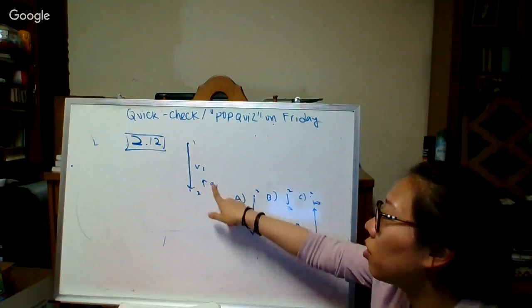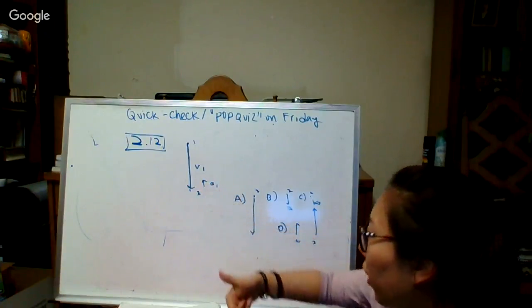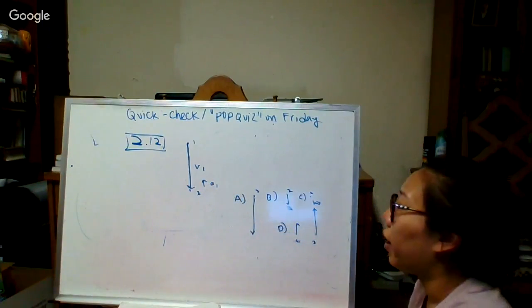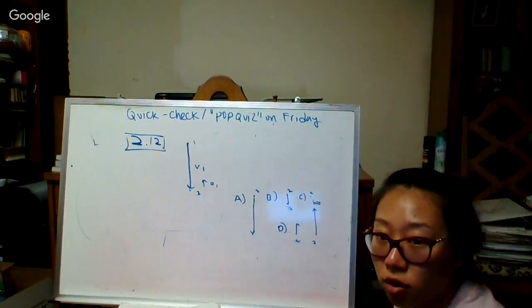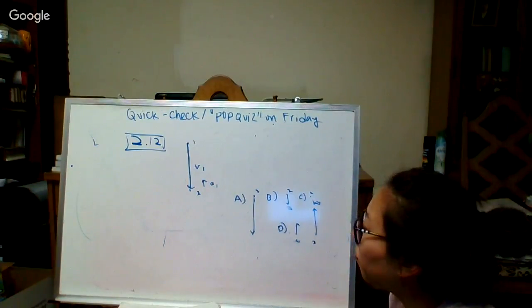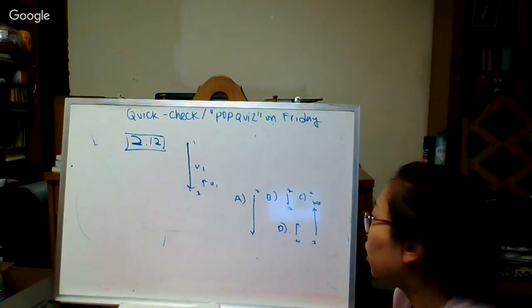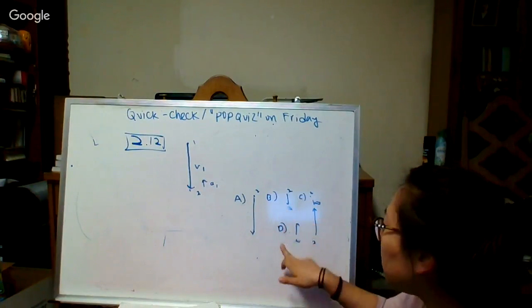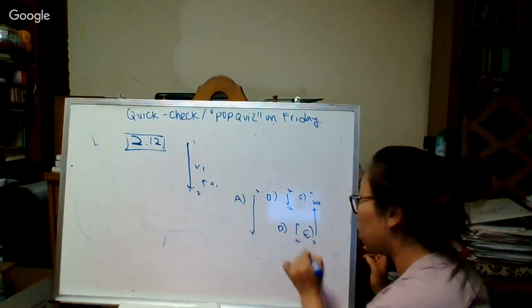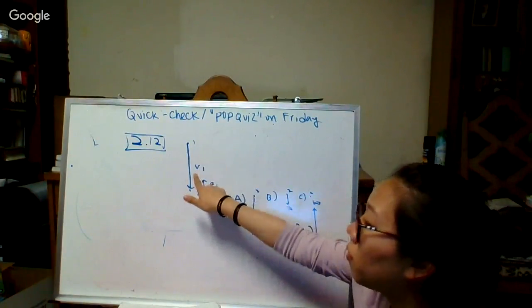Because you know that the acceleration is going the other way, you know that it's going to slow down. So it can be B, C, D, or E because it goes in the opposite direction of V1.